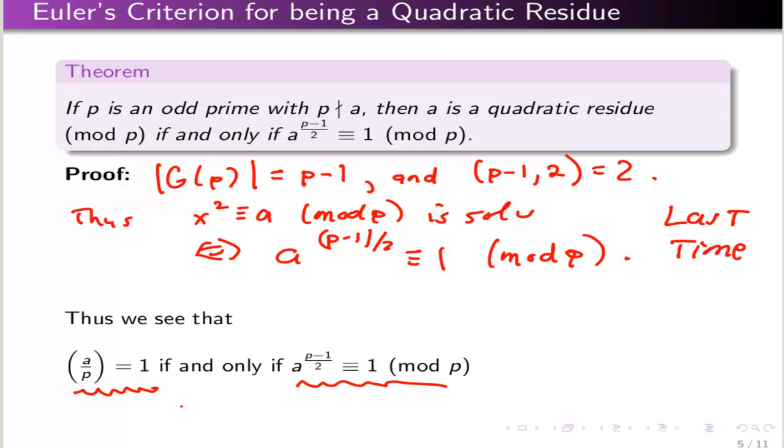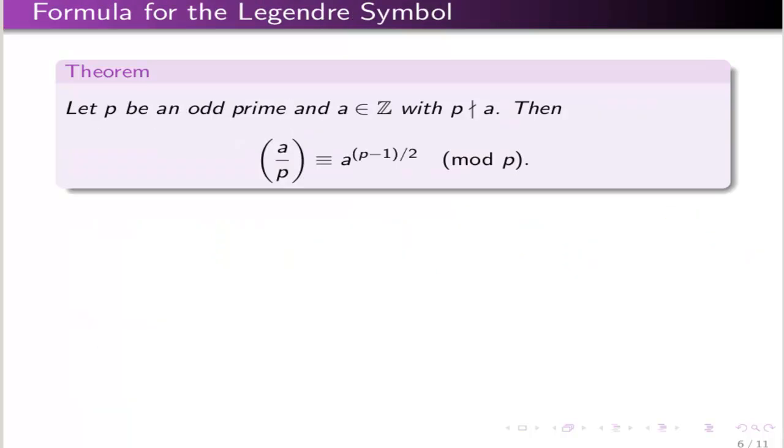And so that leads to the following theorem. Let p be an odd prime, a an integer with p not dividing a, then the Legendre symbol a over p is congruent to a to the (p-1)/2 power mod p.